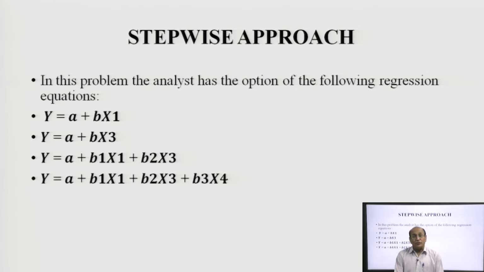Here variables are 2. Now, y is equal to a plus b1 x1 plus b2 x3 plus b3 x4. So, here the variables are 3. One of the important factors is that we take the model which has a lesser number of variables.